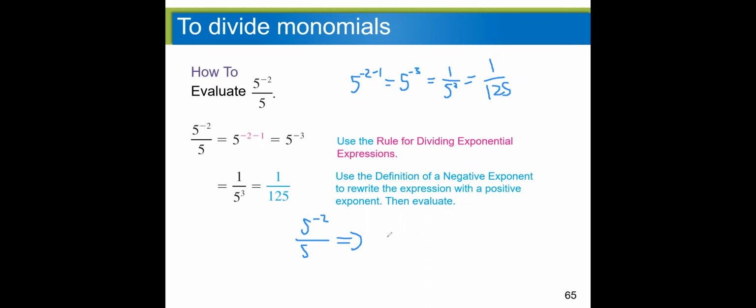By that I mean, you could write this as 1 over 5 to the 2nd times 5. Because that negative 2 is just a 2 in the bottom. Value 5 to the 3rd. That's the same thing. And just instead of doing the math, you just relocate it so it doesn't need the negative number.